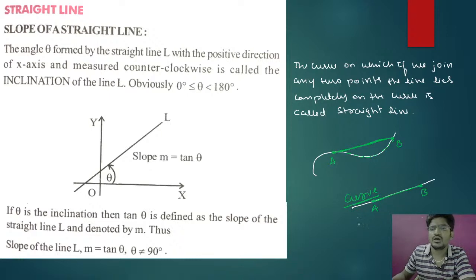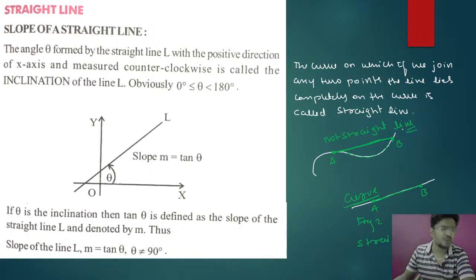Therefore, here figure 2 is called straight line, and this is not straight line. So this is the definition of straight line that we have studied earlier in the straight line topic. You just recall it so that it will be very useful in our straight line CET topics.